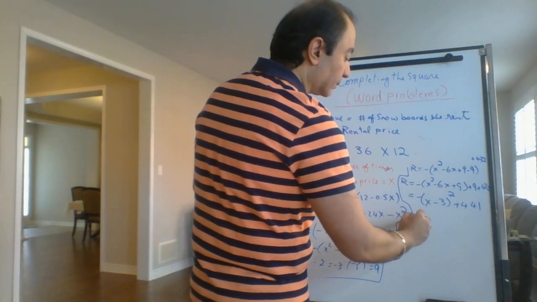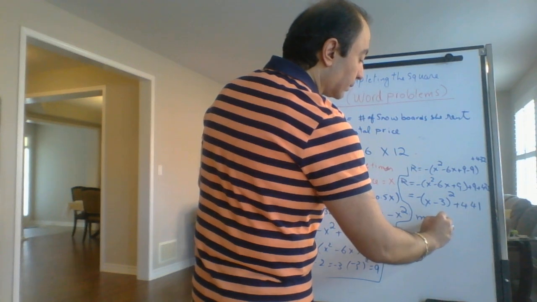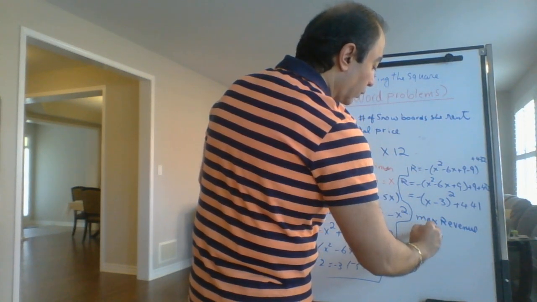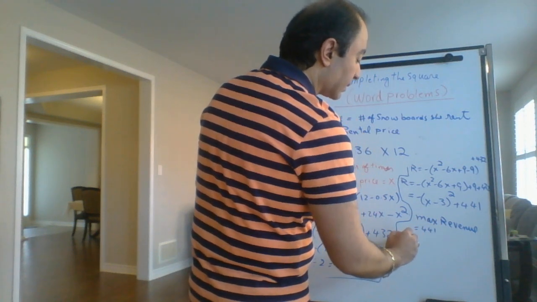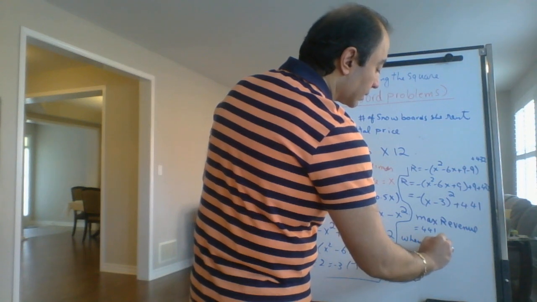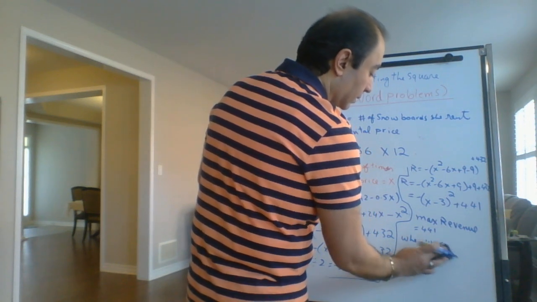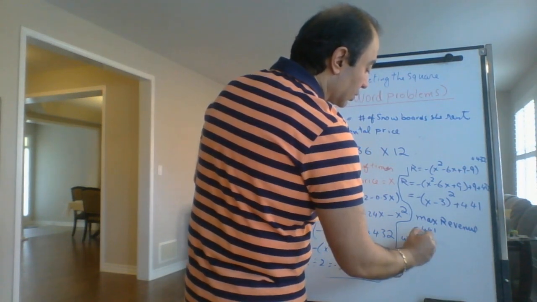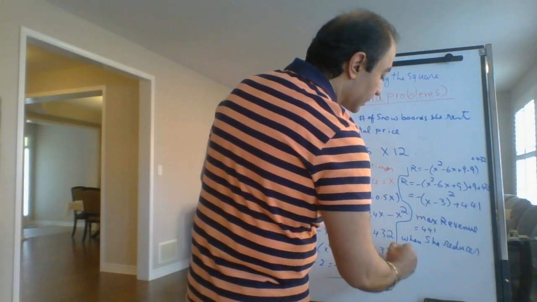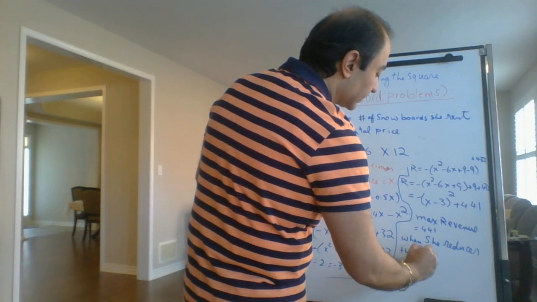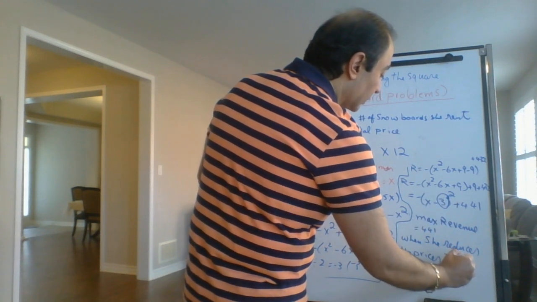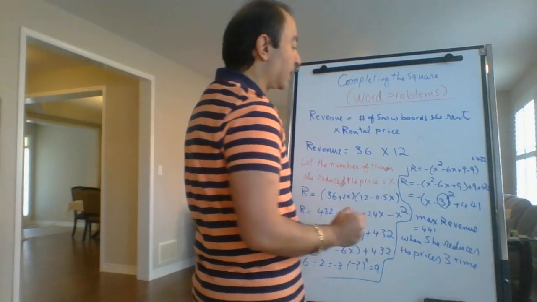So this is the maximum revenue, equals 441, and it happens when Alex reduces the price. How many times? 3 times. So what will be the price then?